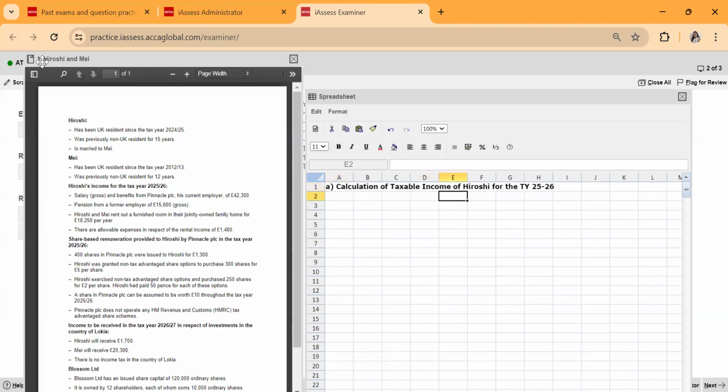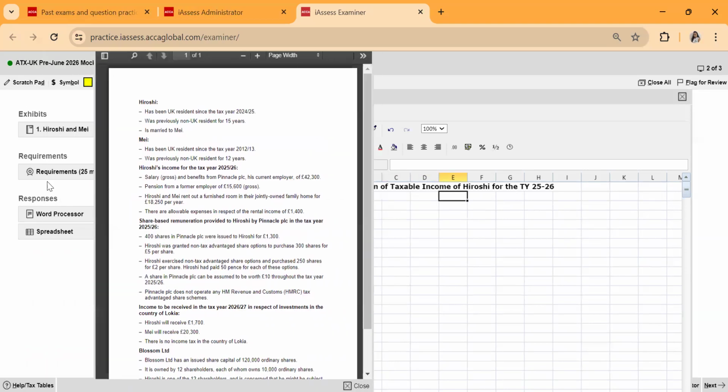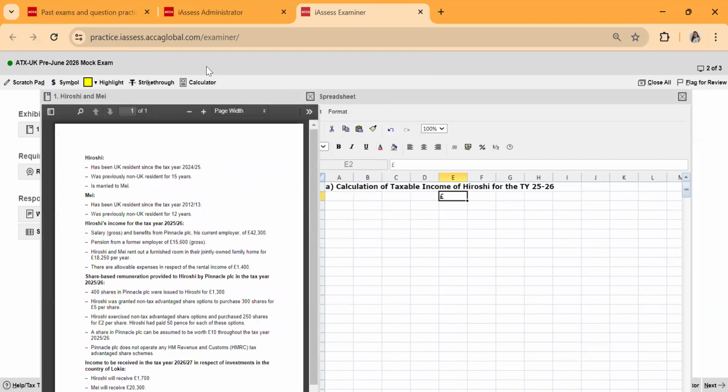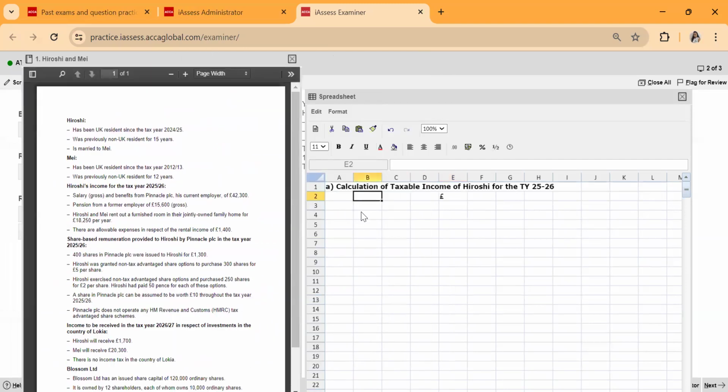Here I can just insert the symbol as well. Right, so here I will write salary income. Salary income is given to you 42,300. Now, next, pension from a former employer 15,600. So, pension income also will come here 15,600.